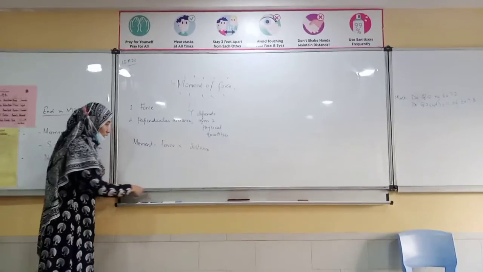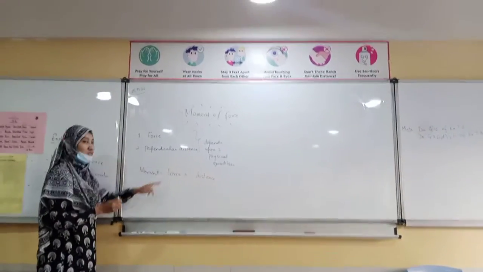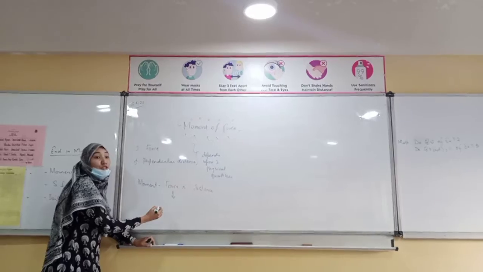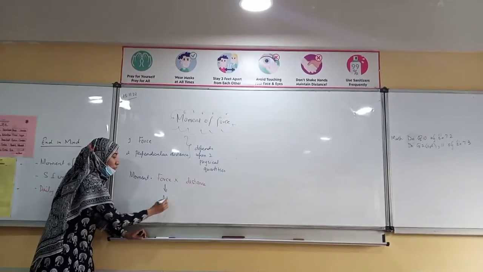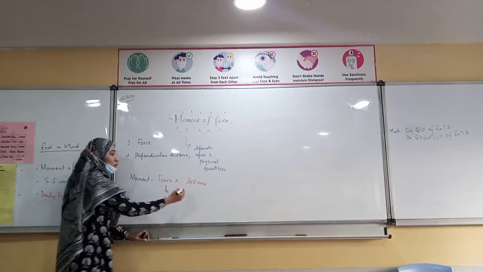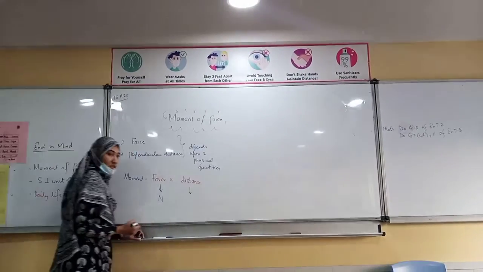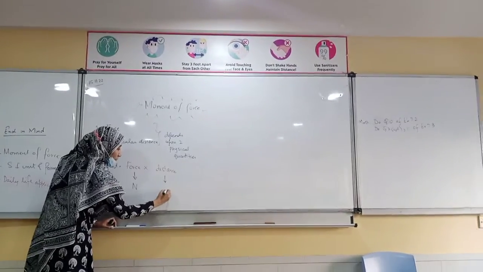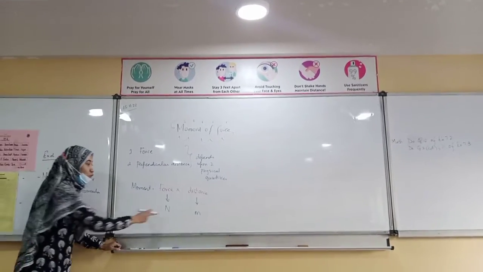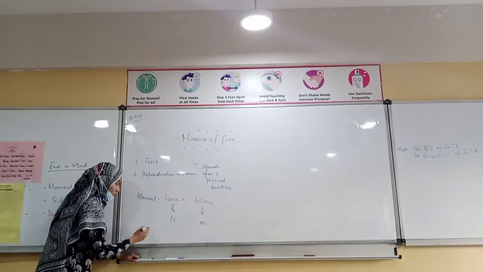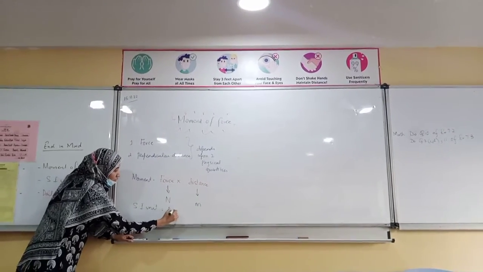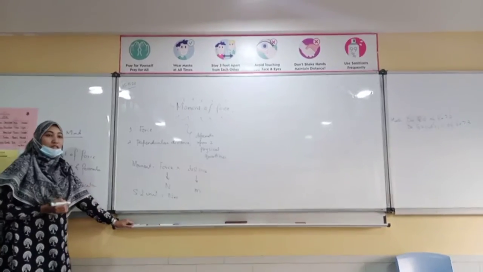Can anyone tell me the SI unit of force? Newton, represented by capital N. Why? Because it is the name of a scientist. What about the SI unit of distance? Meter. So what is the SI unit of moment? Newton meter. Clear till here?